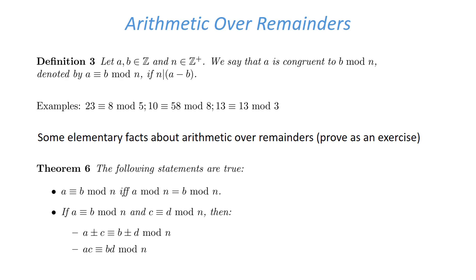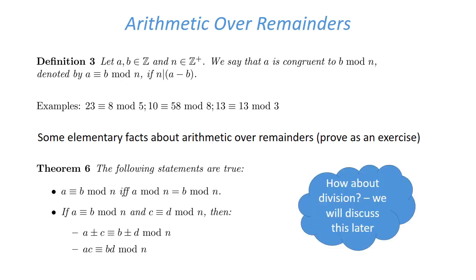Second, if A is congruent to B modulo n and C is congruent to D modulo n, then A plus C is congruent to B plus D modulo n, A minus C is congruent to B minus D modulo n, and A times C is congruent to B times D modulo n.